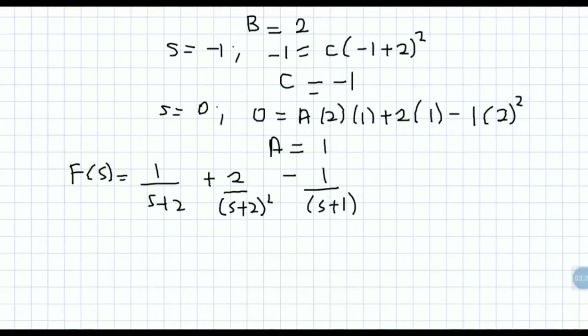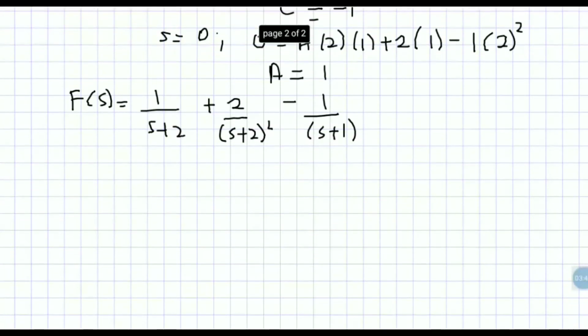Now you need to refer to the table to find the inverse Laplace. From the table you might find s plus 2, s plus 1, and for this term it's not quite direct, so you need to look carefully. I'll just give you the answer first.